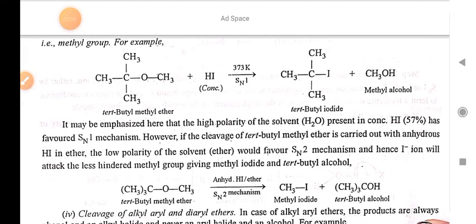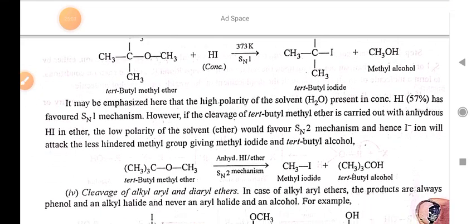For example, tertiary butyl methyl ether plus concentrated hydroiodic acid gives tertiary butyl iodide plus methyl alcohol. It may be emphasized here that the high polarity of the solvent in concentrated hydroiodic acid has favored the SN1 mechanism.